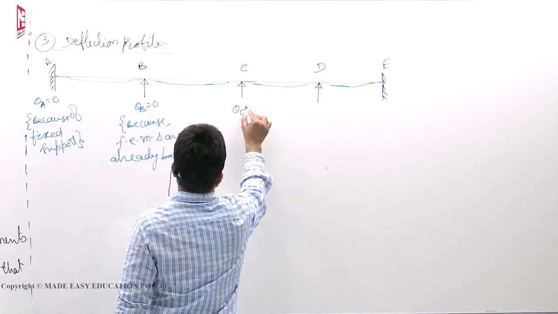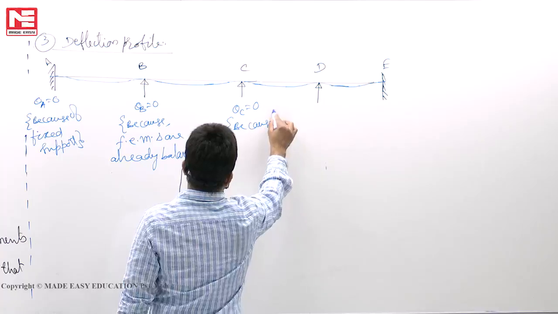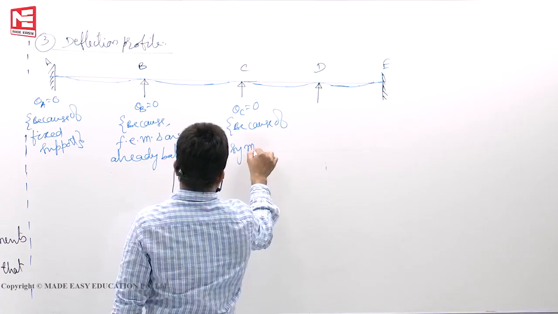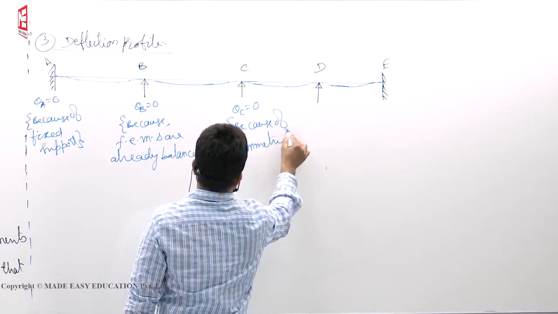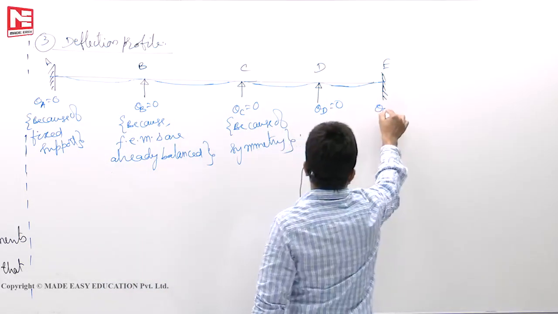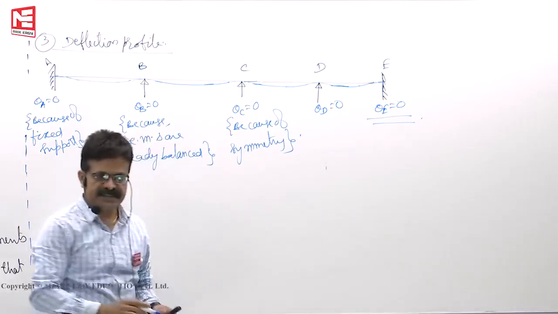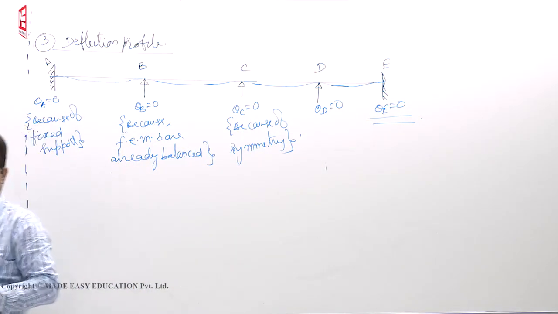Theta C is 0, why? Because of symmetry. Same, theta D is 0, theta E is 0. So due to different reasons, all the slopes are 0.